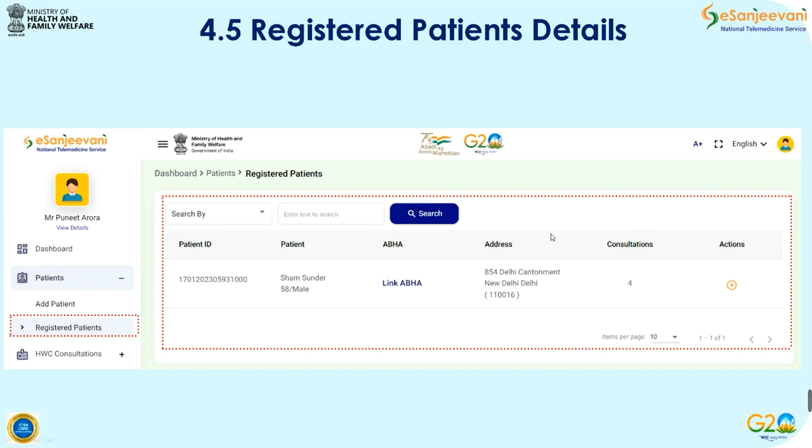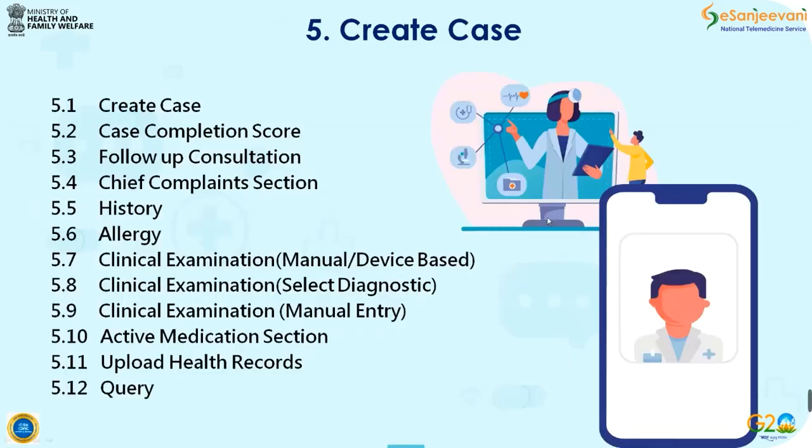Then the create case includes the case completion score, the follow-up consultation, chief complaint section, history, allergy, clinical examination, which is manual or device-based, using select diagnostic, clinical examination manual entry, active medication section, upload health records, and the query part. And we'll cover all this in the demo part as well.